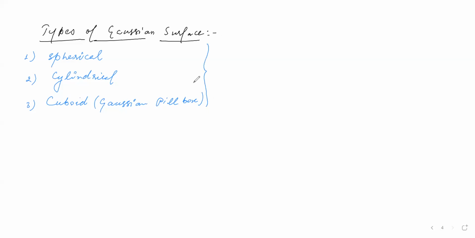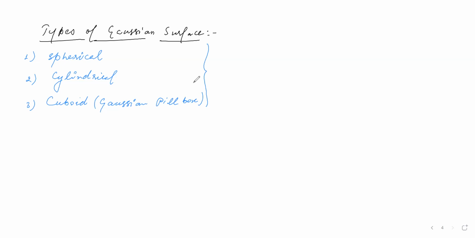Try to understand here. These are the types of Gaussian surface which are mostly used in our syllabus. But remember that there is no condition that the Gaussian surface should be like this or that.